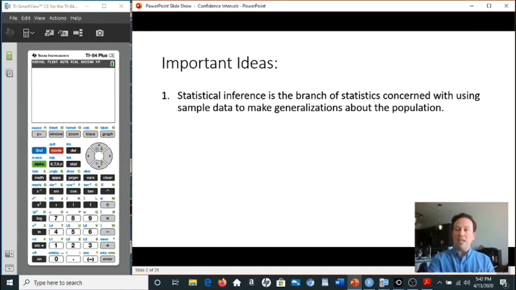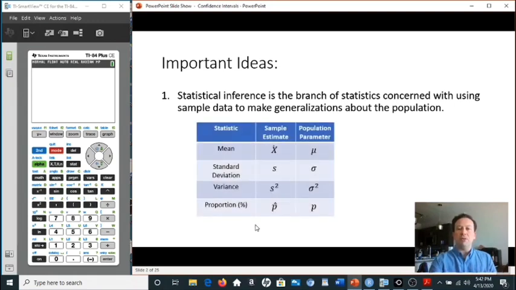Inference is now where we take what we've collected and graphed and analyzed, and try to make conclusions from it. To make an inference means to make a conclusion or a generalization based on previous information. So it's the branch of statistics concerned with using sample data to make generalizations about the big population.